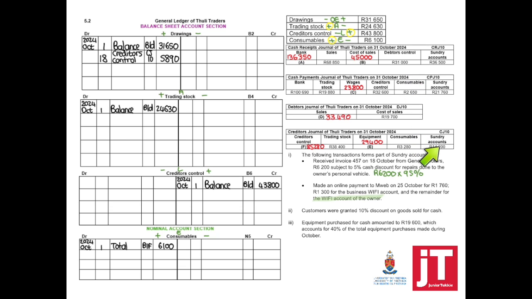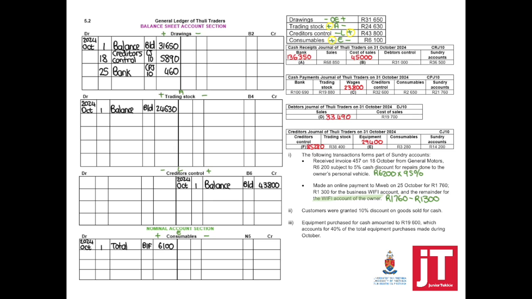From sundry accounts, we have to take it on the day that the transaction took place, and that's why they provided you with the dates. So this happened now on the 25th. But how much is for the owner's personal Wi-Fi? That will be 1,760 minus 1,300. From the CPJ, my details is bank, and the amount 416.